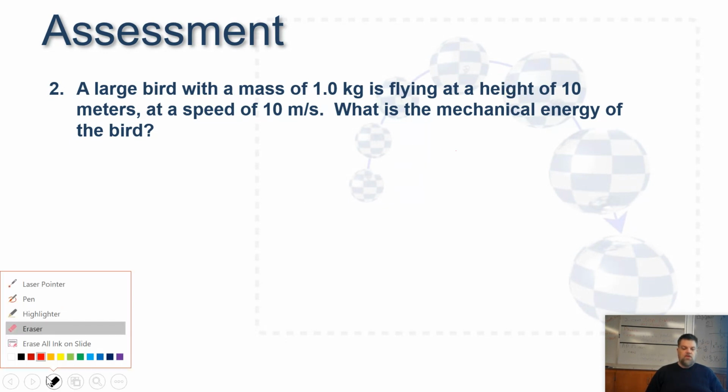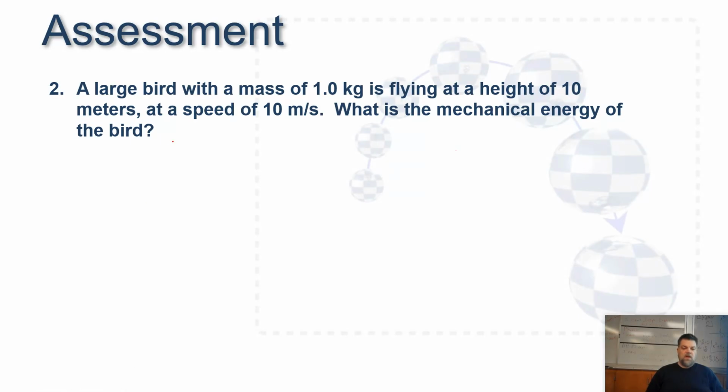Well, in your notes, if you don't remember, mechanical energy is equal to the kinetic energy plus the potential energy. Does anybody know the formula for kinetic energy off the top of their head?